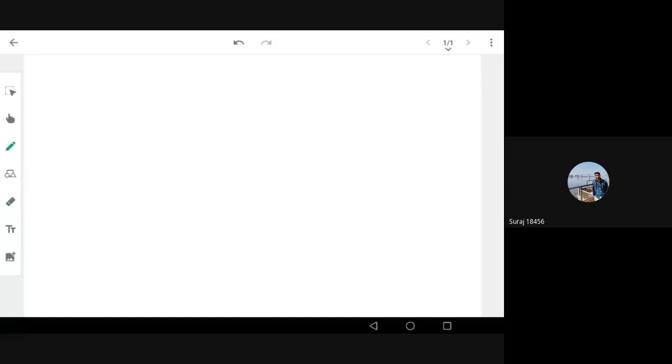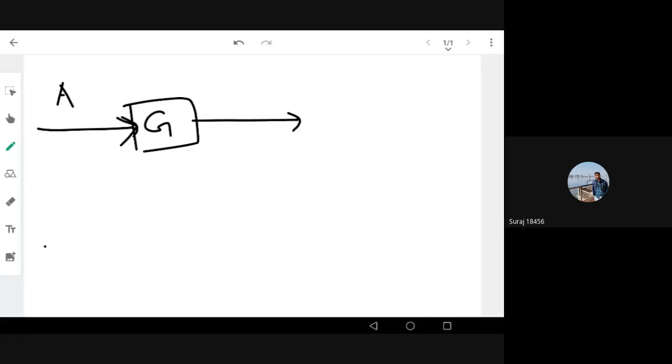Now, before that, just for clarity, we'll discuss that I have input A. Now I'm giving a gain G to this input. Now I have output. What is my output? A into G. Right? Now, sometimes I have to change the node point, the branching point. It's called a branching point.